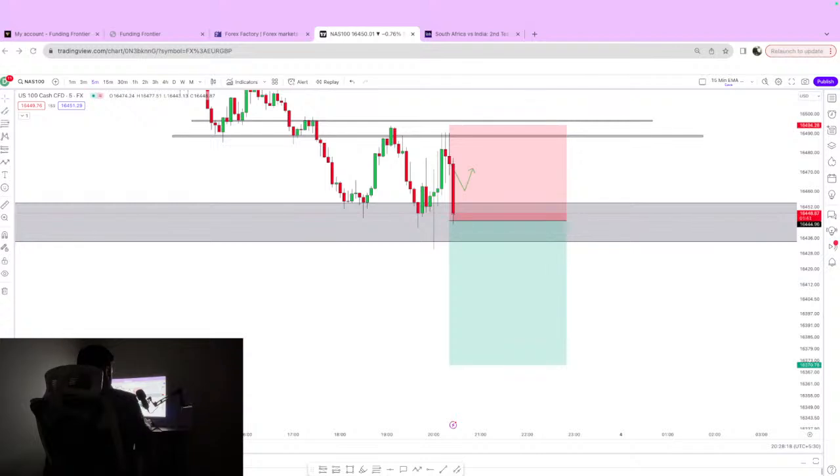So I am saying if this candle closes below the previous candle, I'll open a sell position with 0.12 lot. Okay. Only and only if this closes below this, otherwise not.